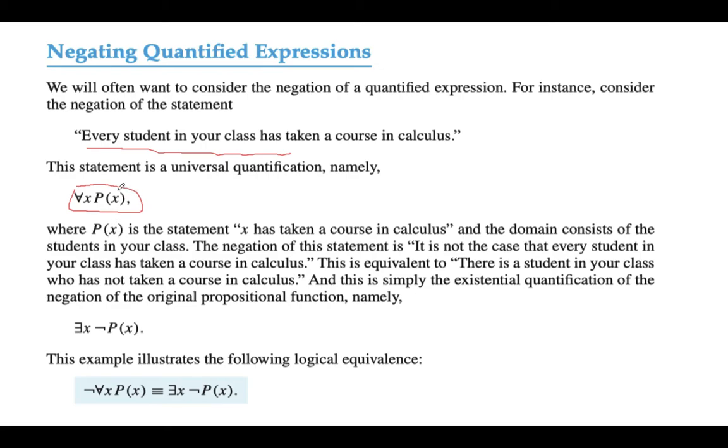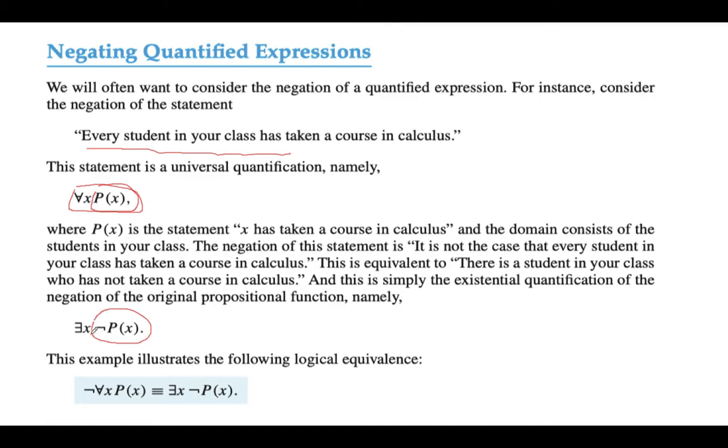So if you see for all x P of x, the statement P of x is what? P of x is the student has taken calculus course in your class. So its negation, not P of x, means has not taken a course in calculus.